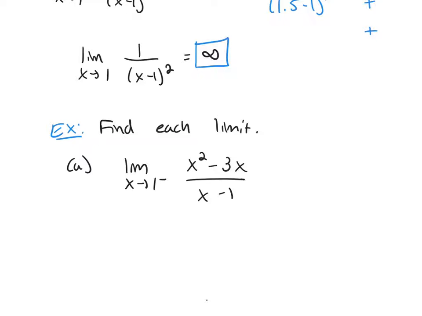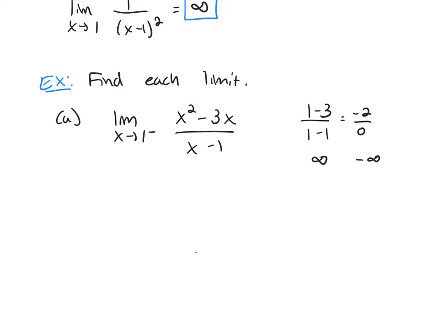If I plug in 1, I get 1 minus 3 over 1 minus 1, negative 2 over 0. Because I'm getting a 0 in the denominator, but not a 0 in the numerator, I feel like my answer should be infinity or negative infinity. And the question is, you've got to figure out the sign.